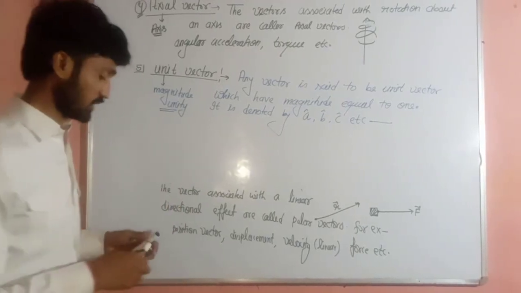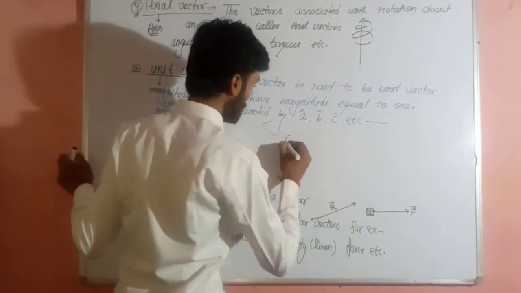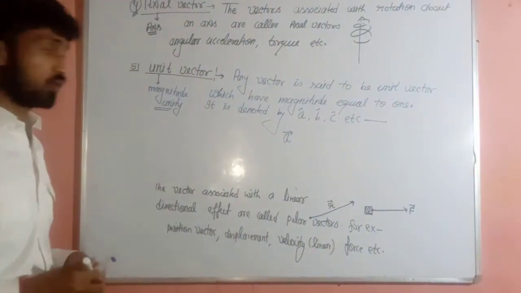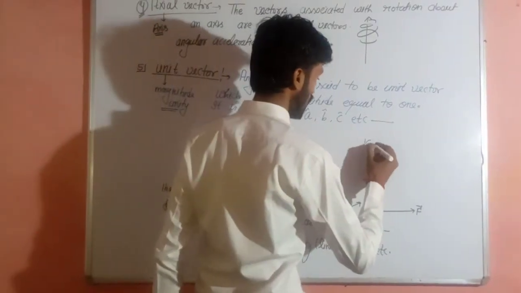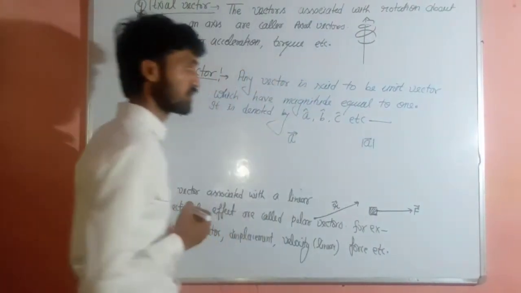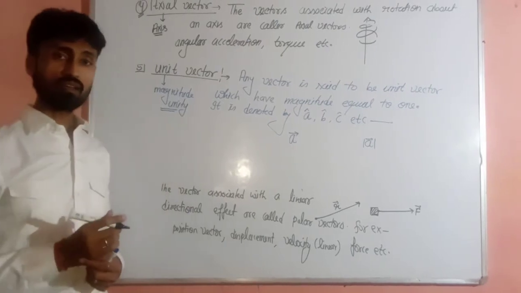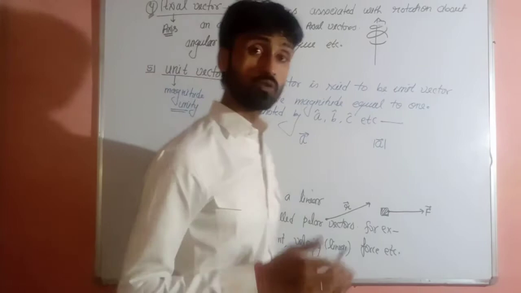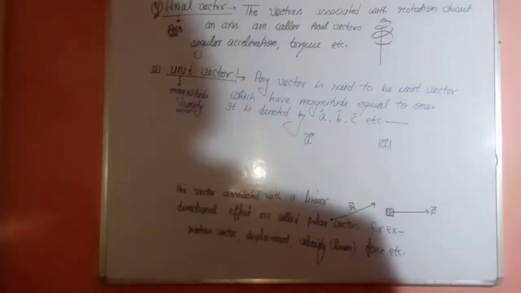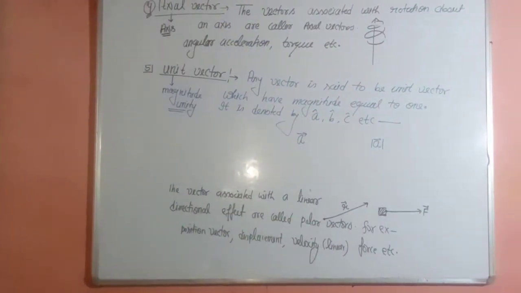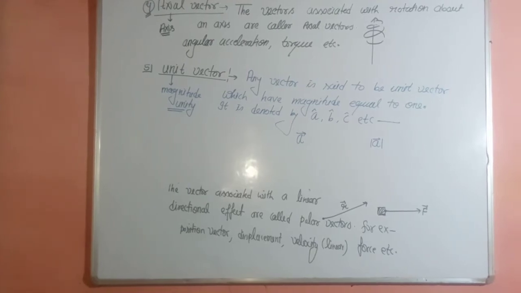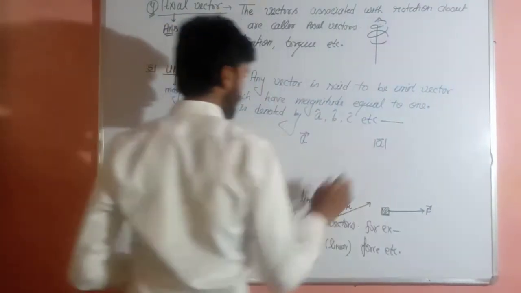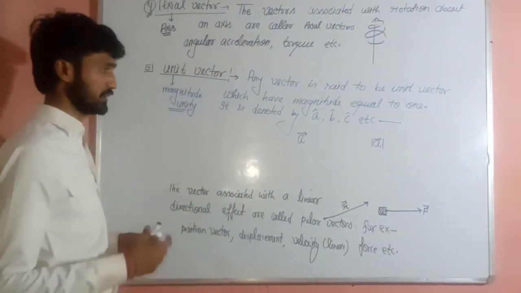Suppose A is any vector whose magnitude is mod A. Mod means the length of the arrow, also known as the norm of that vector, which is a positive quantity.